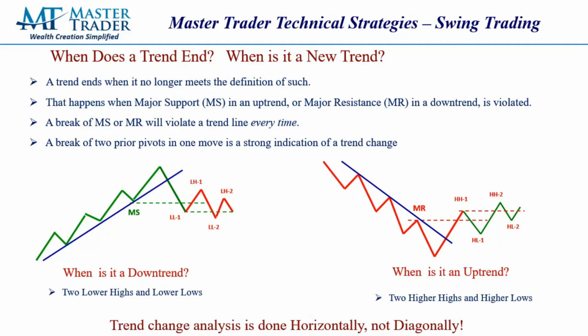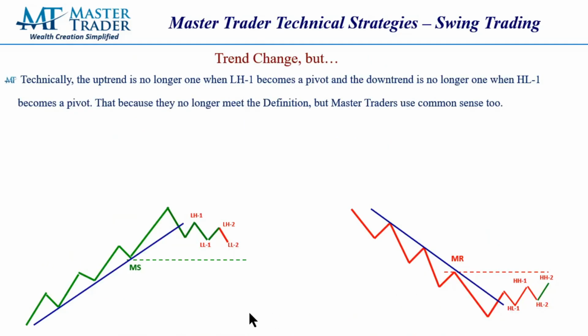Let's continue. Trend change. And so here we have lower highs and lower lows. So technically, the uptrend is no longer one because lower high 1 becomes a pivot, and the downtrend is no longer one when lower high 1 becomes that pivot. So here we have a series of lower highs, lower lows, and we say that this is a downtrend.